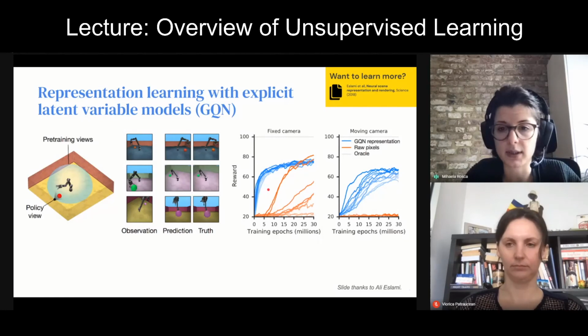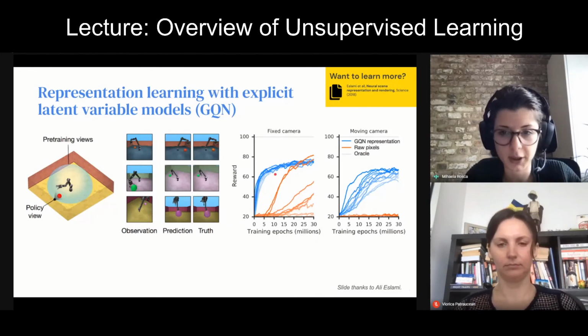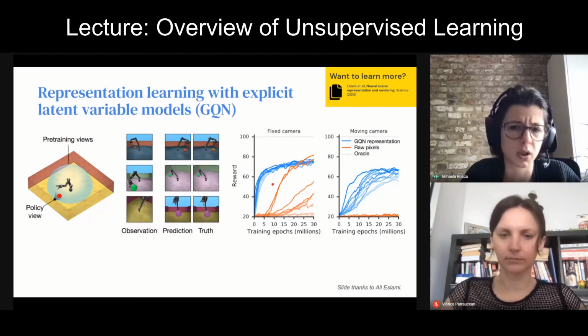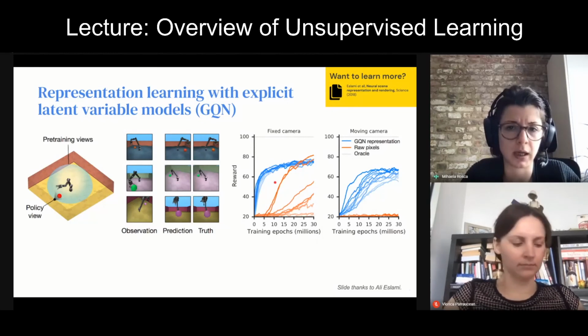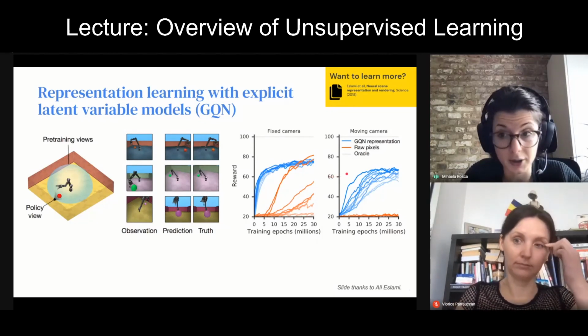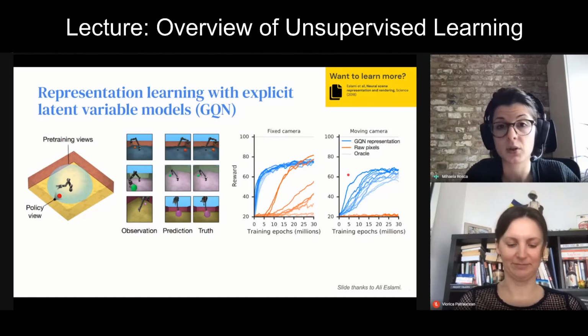And we see that on a simpler task, this makes the difference in variance: all curves are learning, or some solving the task, but way slower than the agent that used representational learning. But if we make the task harder, then using representations makes the difference between learning or not learning the task. So this is really important in reinforcement learning as well.